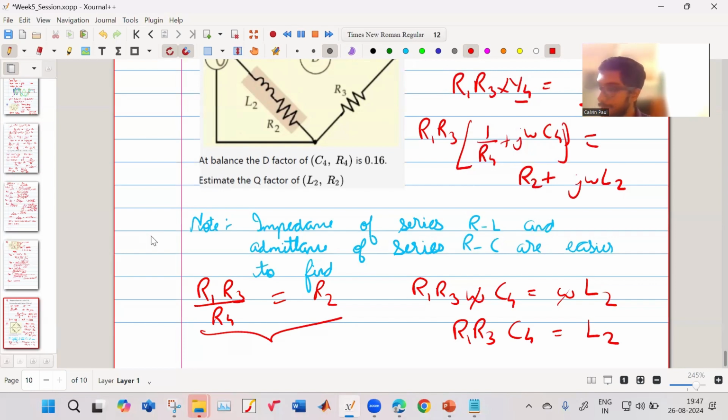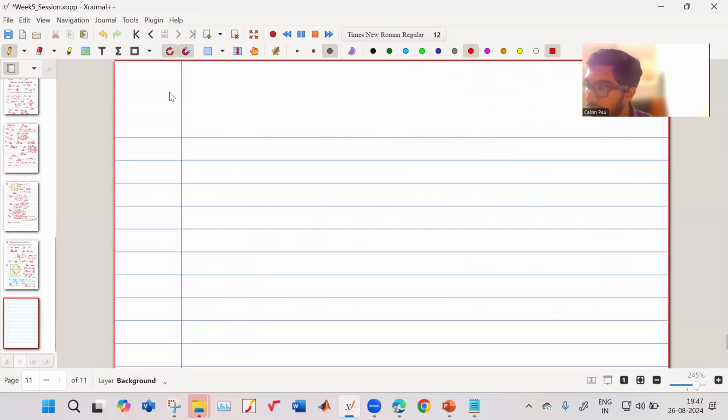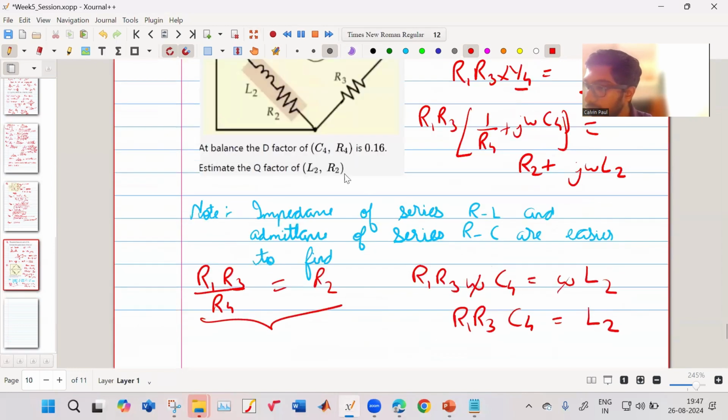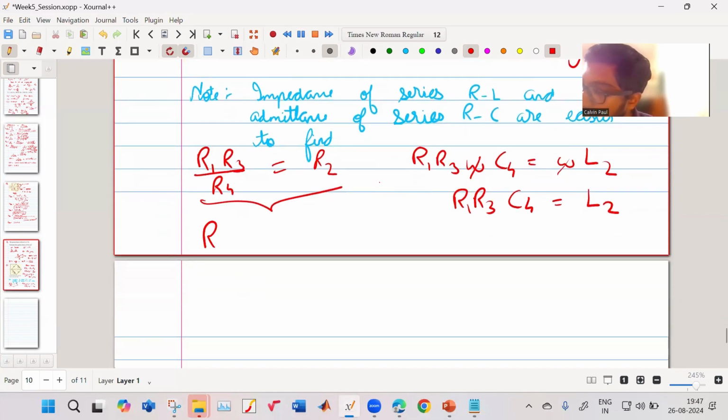No, no, sir. So now it puts us in a problem. We know the dissipation factor of C4 R4 is 0.16, and we want to find the quality factor of L2 R2. We know from here R1 into R3 is equal to R2 into R4.